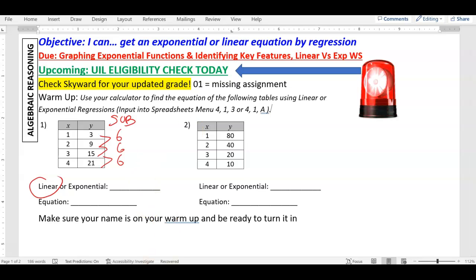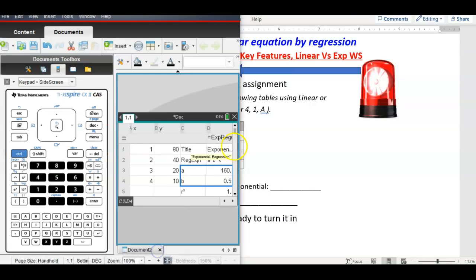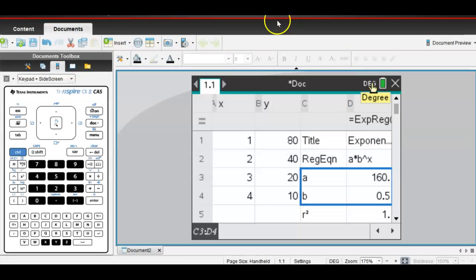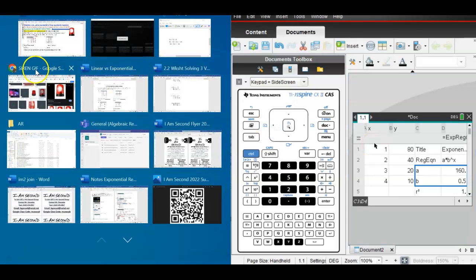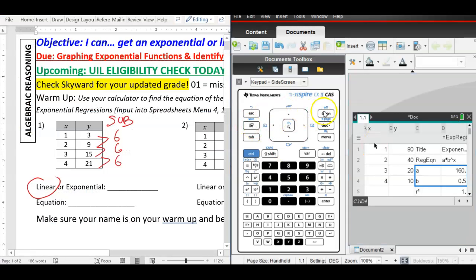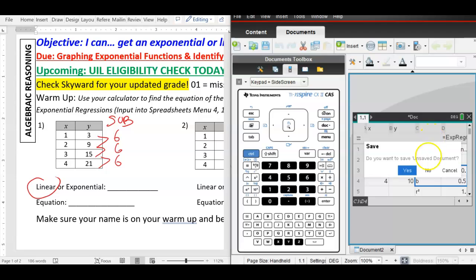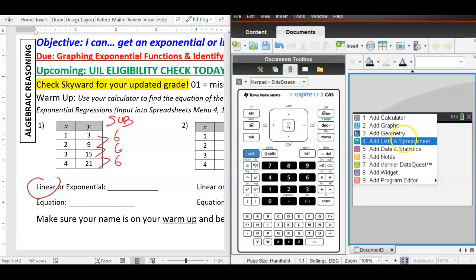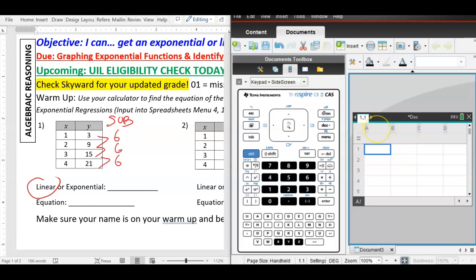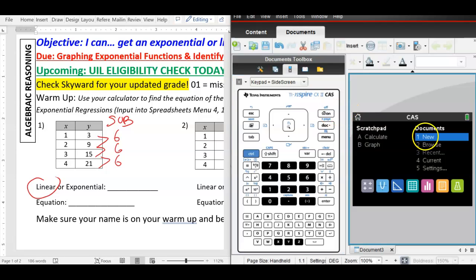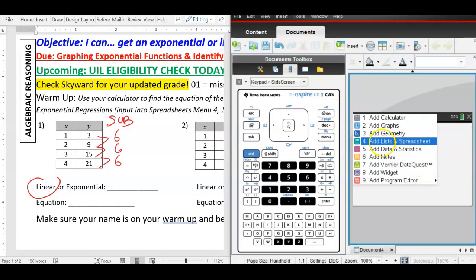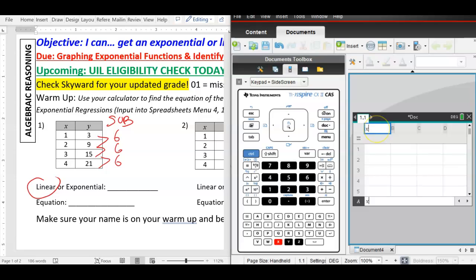Now, what does that mean? Well, if you remember on the calculator, you go to spreadsheets, a new document, don't save, number 4 for spreadsheets. You put X and Y at the top.